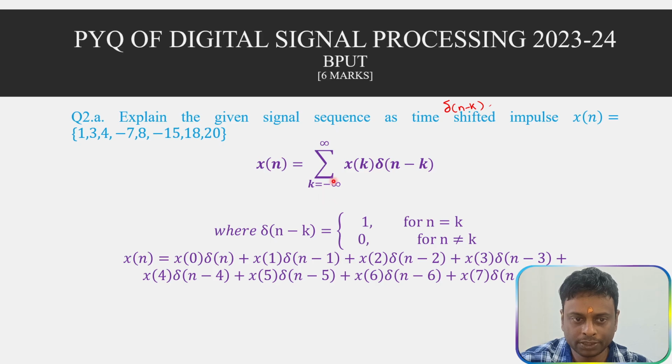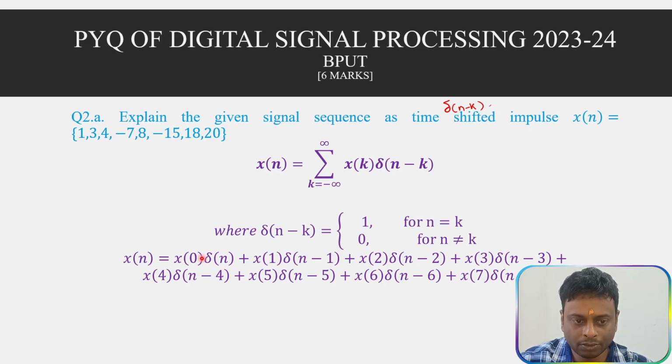It is from 0, 1, 2, 3, 4, 5, 6, and 7, so k equals 0 to 7. So x of 0 with k equal to 0 means delta of n. Similarly, k equal to 1 gives delta of n minus 1, and so on up to 7.